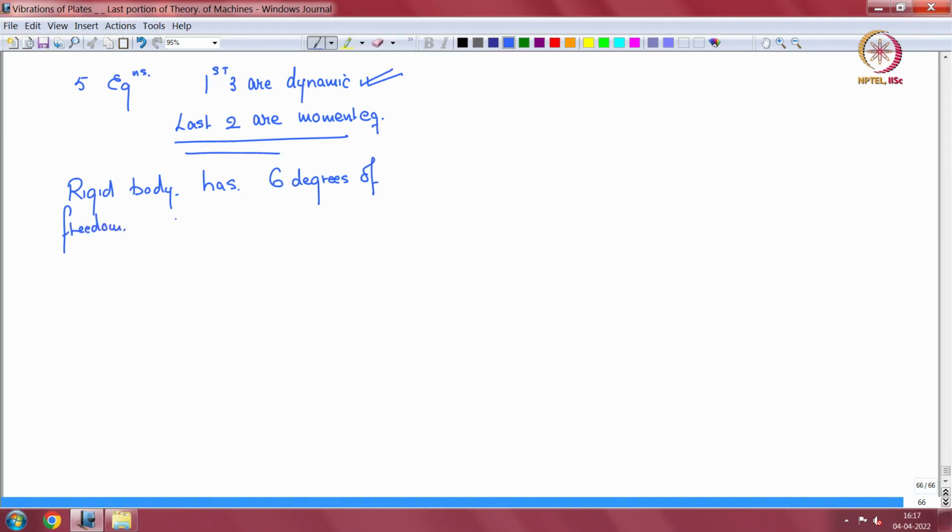Okay. 3 are translational, 3 rotational. Then how is it that we have only 5 equations? Okay. How is it that we only got 5 equations?